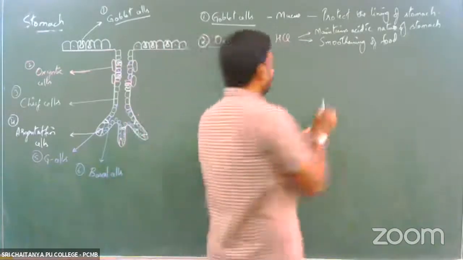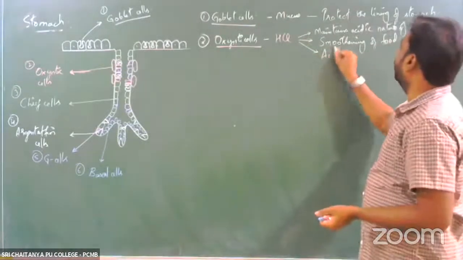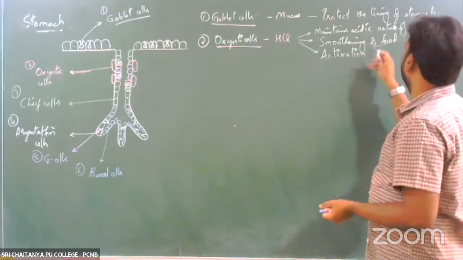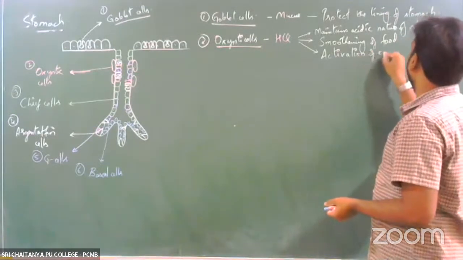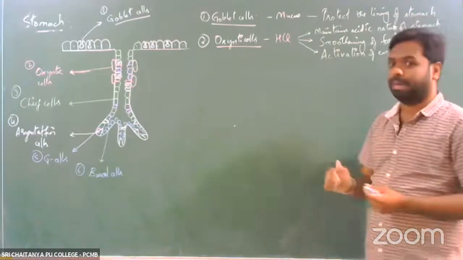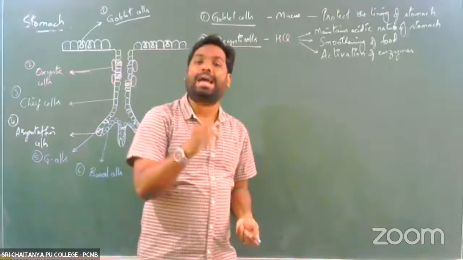The third function of HCl, and this is the major function of HCl, is that it is responsible for activation of enzymes. There are two prominent enzymes which are secreted by the stomach, and remember, those enzymes are secreted in their inactive form.